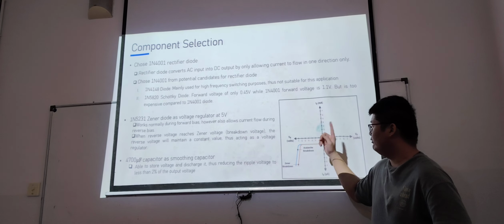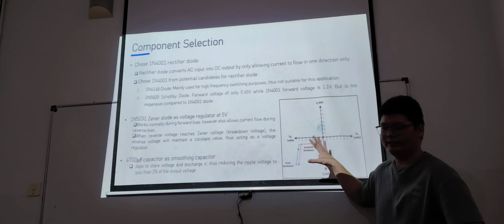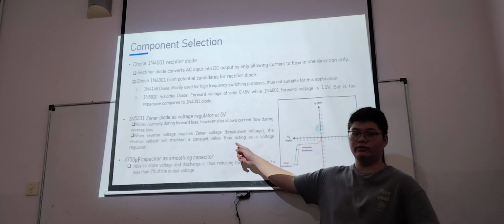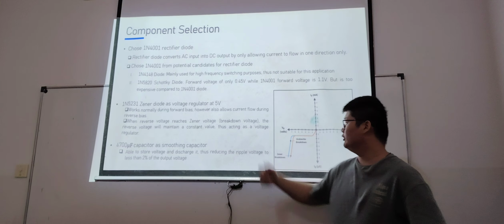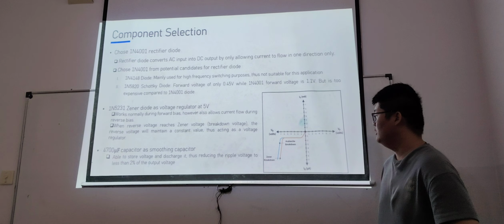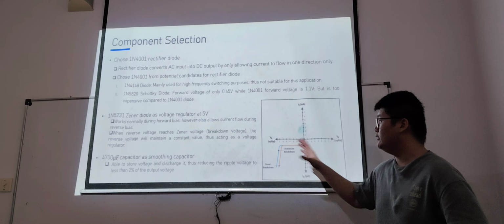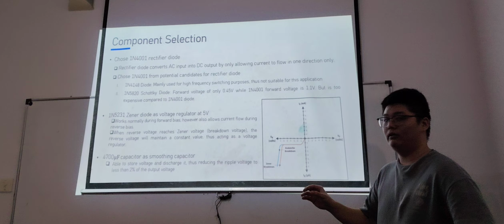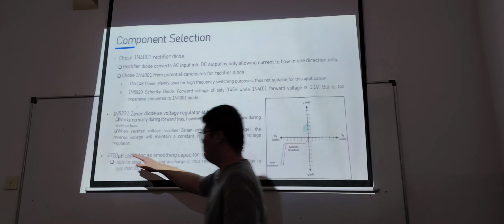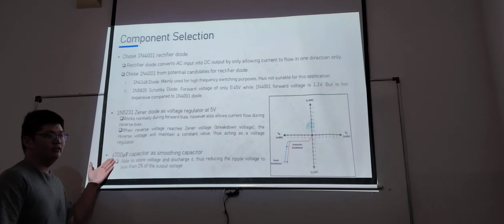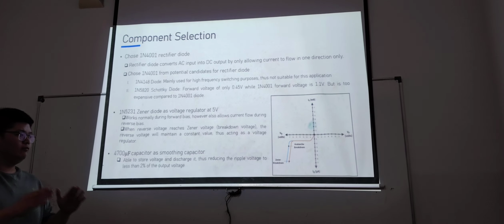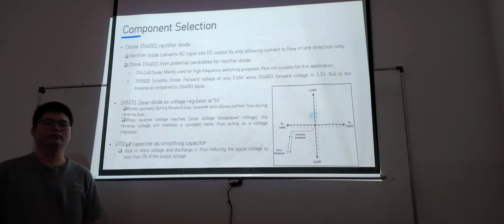When it reaches around 5 volts, here it's 6 as an example, which is actually the Zener voltage or breakdown voltage, it will start to increase rapidly and it will stabilize around 5 volts. Basically, this helps to regulate the voltage at only 5 volts. Other than that, I also use a very big capacitor, 1700 microfarad, because I want to smooth out the ripple voltage as much as possible.